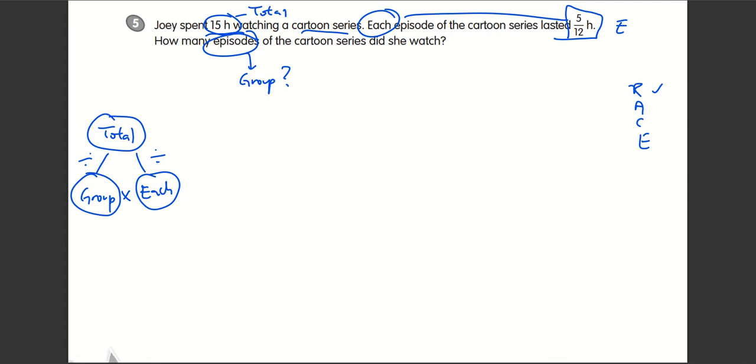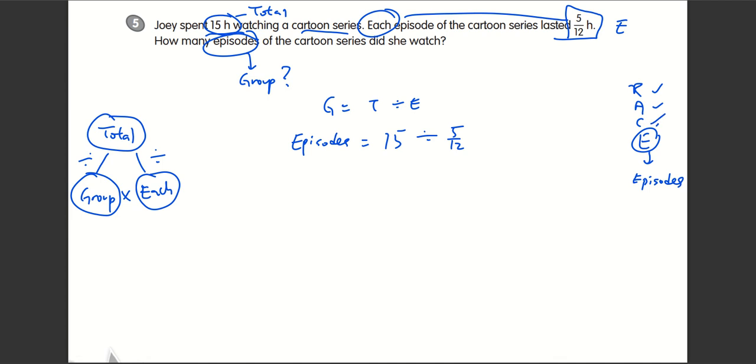Episodes refers to the group. To find group, you use the total divide by each. So the number of episodes we are referring to is the groups. Total is 15 hours, divide by each, 5/12 hours. Even though it's very identical to the previous question, it's looking for episodes as the unit.